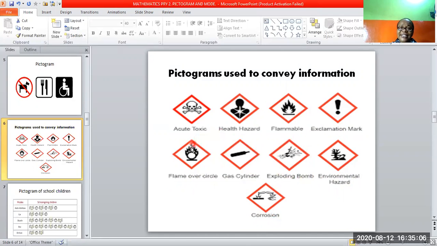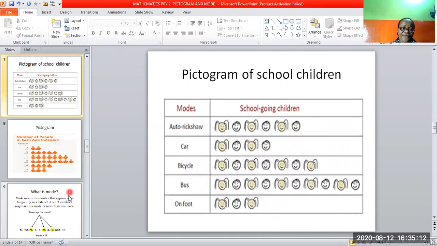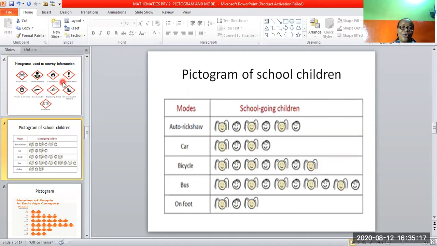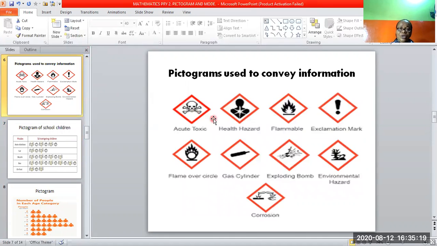These are pictographs that convey information. So when you see this, you know there's acute toxic and health hazard.